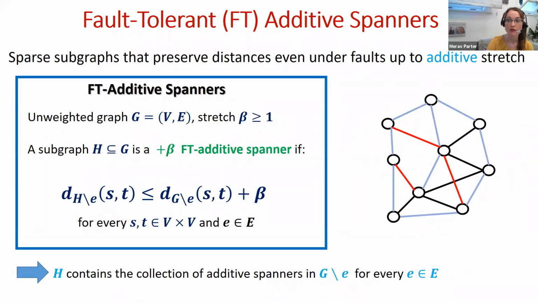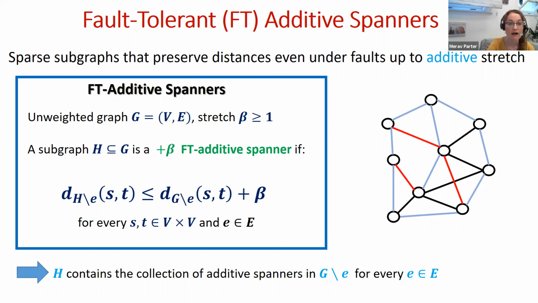In the same manner, we can also allow some slack in the distances. In fault-tolerant additive spanners, we would like to compute sparse subgraphs that preserve the distances under faults up to some small additive stretch.